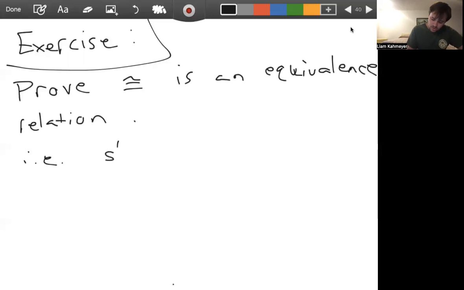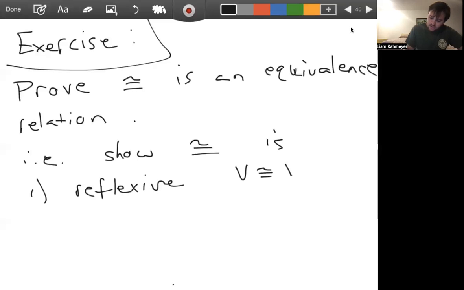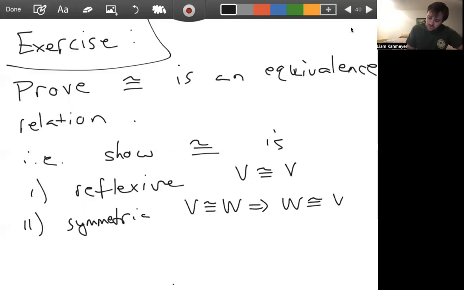I.e., show the relation isomorphism is reflexive, i.e., you need to show that a vector space is isomorphic to itself. You need to show that it's symmetric, i.e., if there's an isomorphism between V and W, that implies there's an isomorphism between W and V. And then third, show that it's transitive.